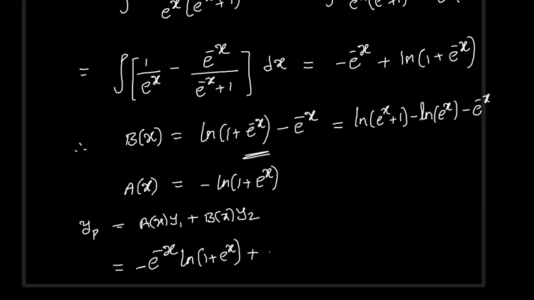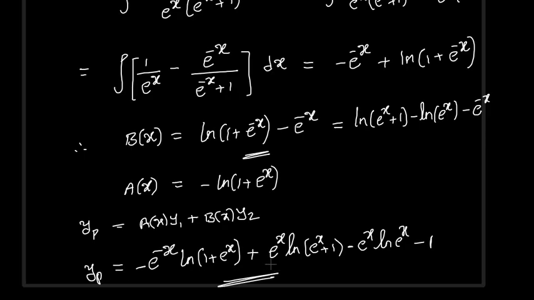Okay, so this is e power x into ln of e power x plus 1 minus e power x into ln of e power x, minus e power x into e power minus x, that becomes 1. That's it. So this is the particular integral.